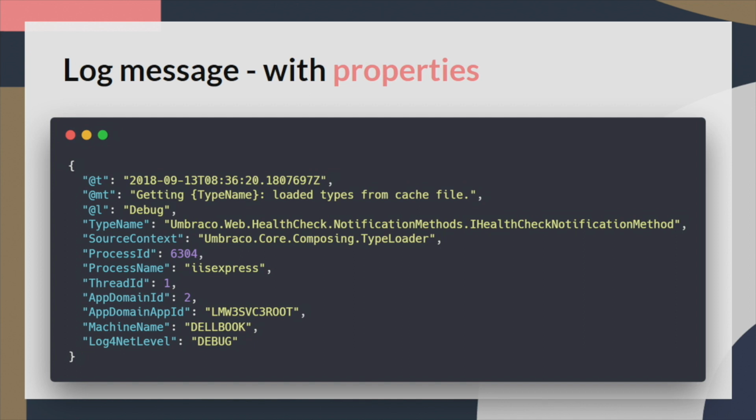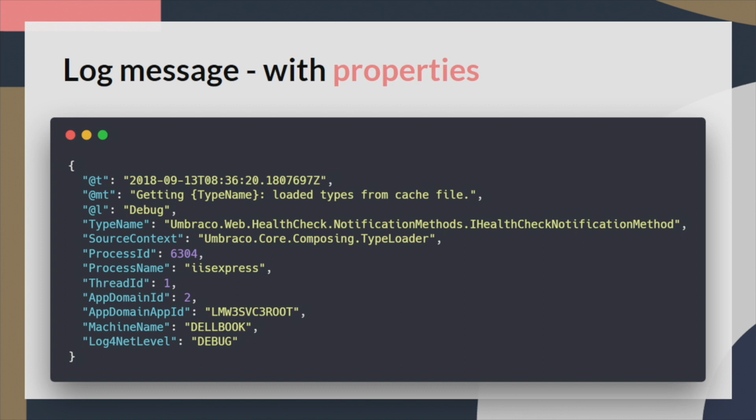We have this thing, which is the message template. So I can say, get the type name, loaded types from the cache file. And I can find out it was a debug, and the type, so this is my class, where this type name refers to the type name property in our message template. And the source context is the class where the log item was initiated from.